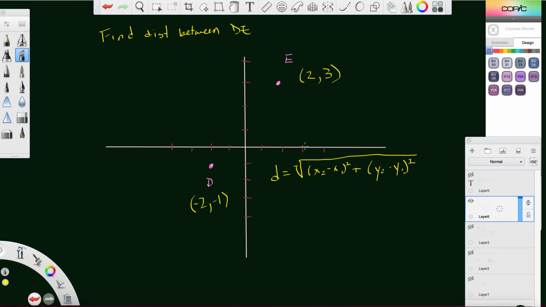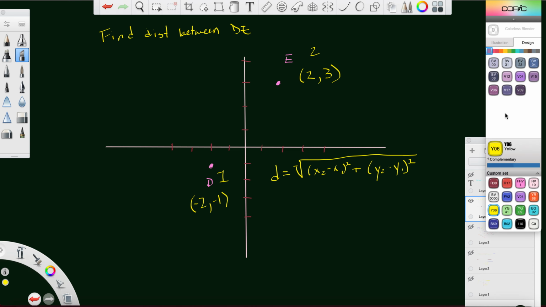Okay, so we'll call D coordinate pair 1, and we'll call E coordinate pair 2. Great. Now what we're going to do is just plug everything in and start to do some math.